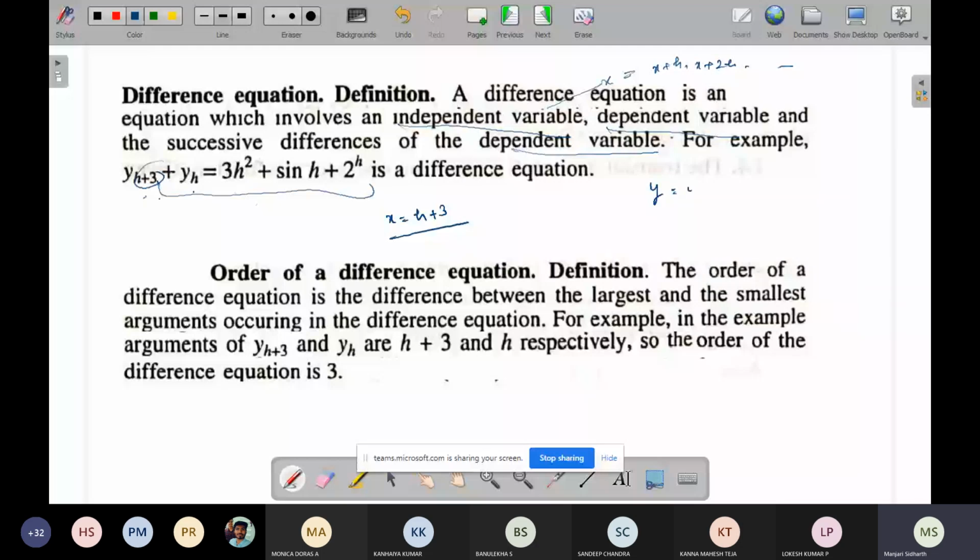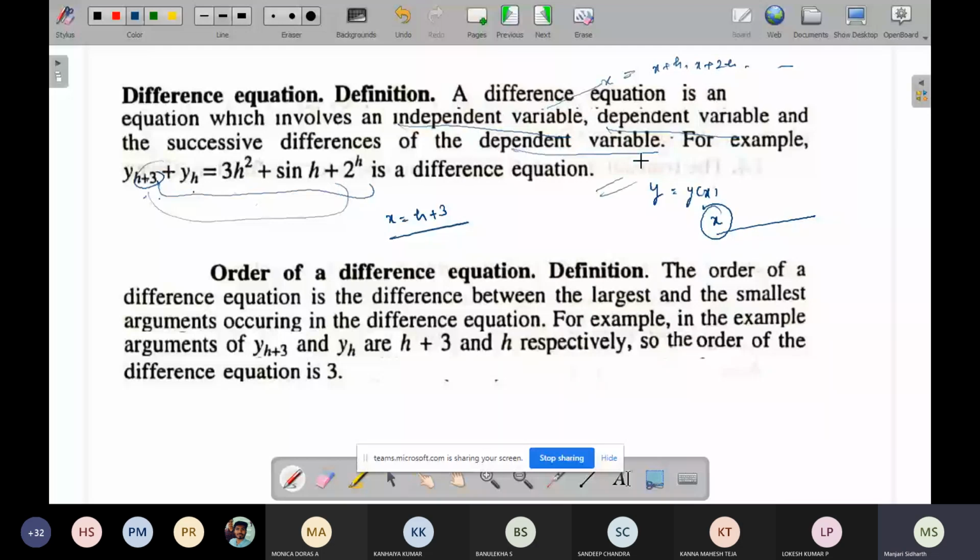But anyhow, the values of x depend on the differencing interval. That means x is an independent variable which has certain values, and those values contain h, right? So we are directly including h here as the independent variable. That is a difference equation.